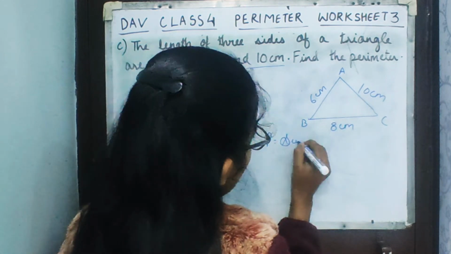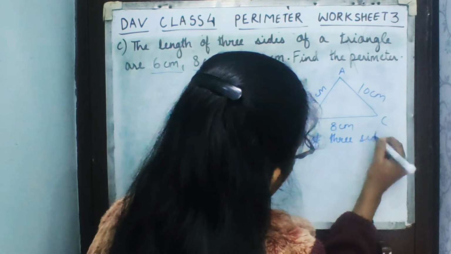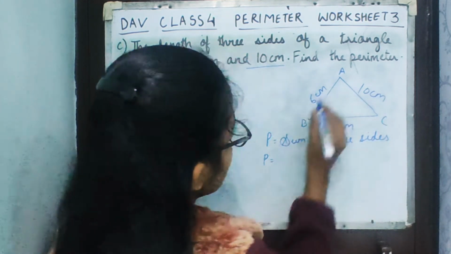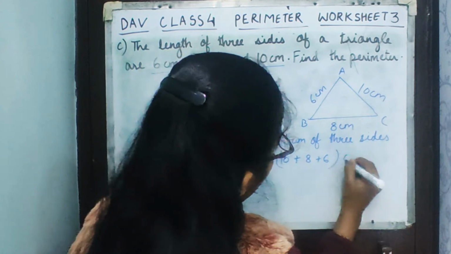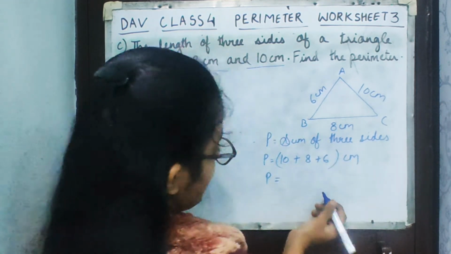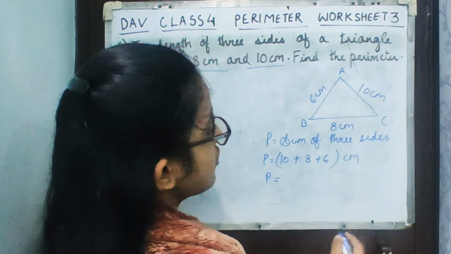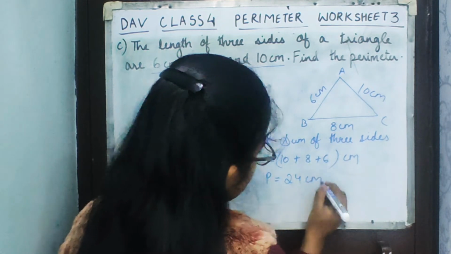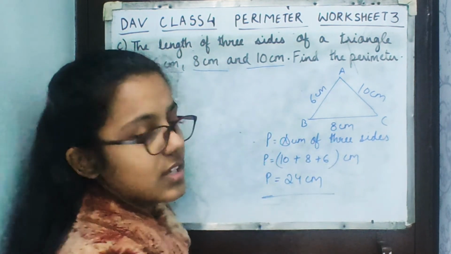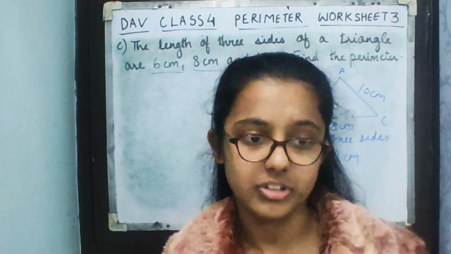That is the sum of three sides. That means perimeter is equal to 10 plus 8 plus 6 centimeter. 10 plus 8 is 18, and 18 plus 6 is 19, 20, 21, 22, 23, 24. So perimeter is equal to 24 centimeter. We have completed our C question.